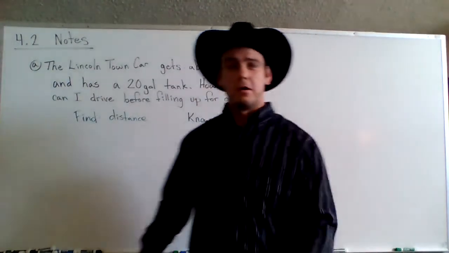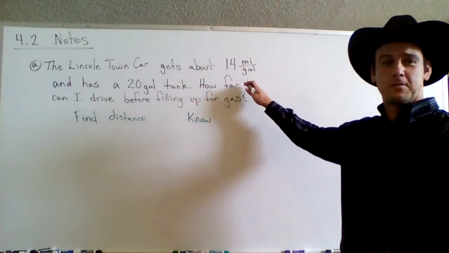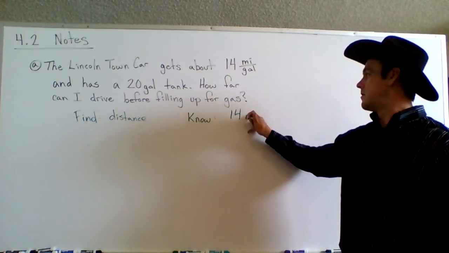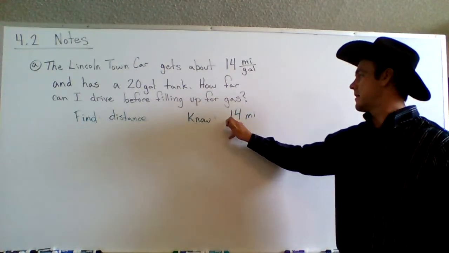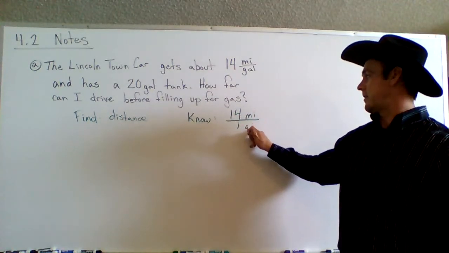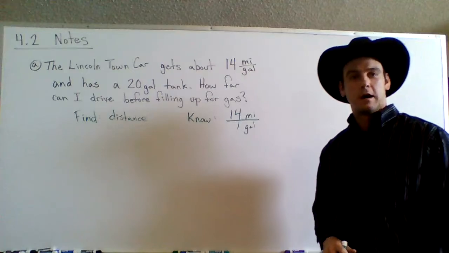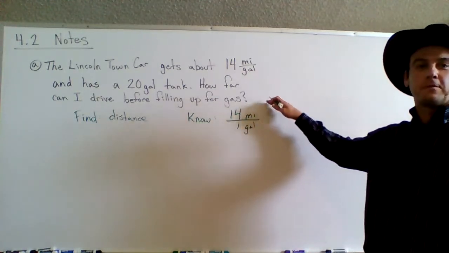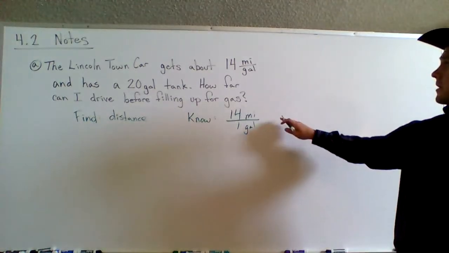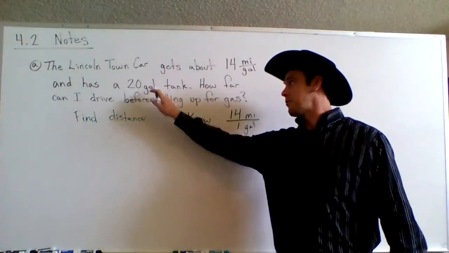Okay, well I know that the Lincoln Town Car gets 14 miles per gallon. 14 miles, all right? And we can really write that as 14 miles divided by 1 gallon. Basically, you can drive 14 miles for every 1 gallon of gas. The other thing we know is there's a 20-gallon tank.